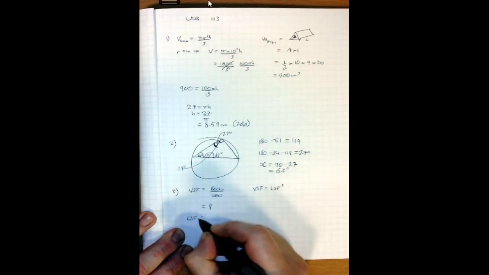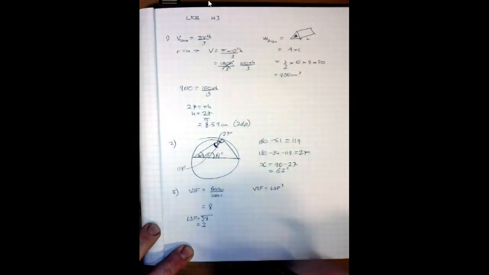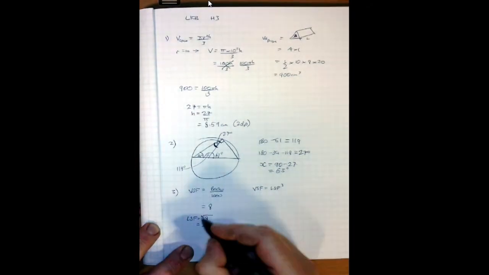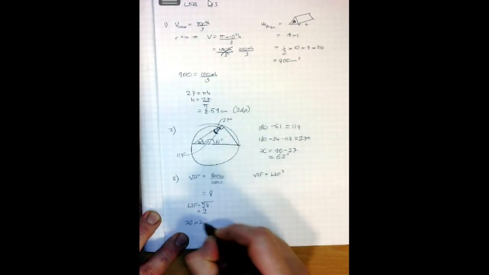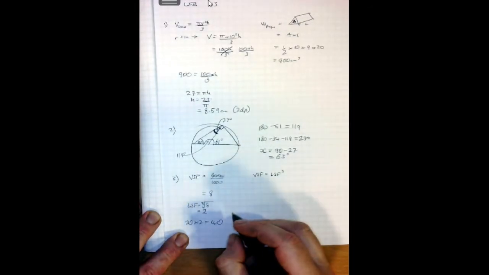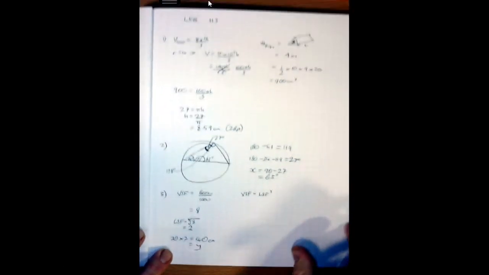Question 4. So I recognise that the perimeter of my sector is made up of my arc length, which is a portion of the whole circumference, and 2 radii.